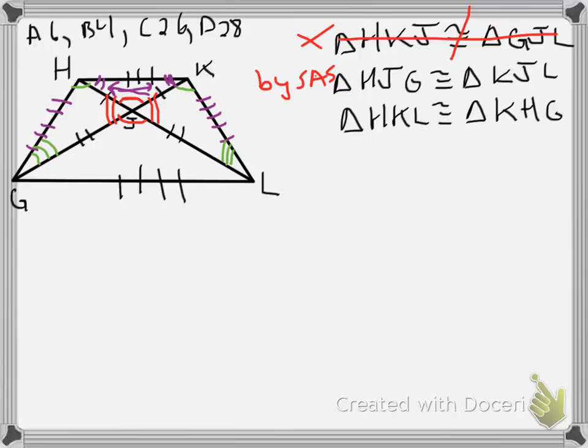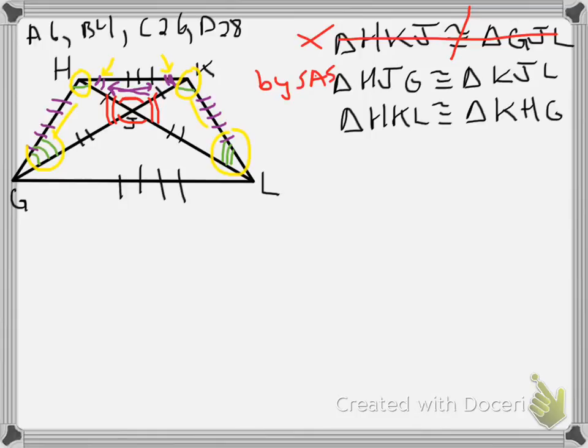Okay, so I matched up a couple things here. First of all, these sides were the same by CPCTC. This angle and this angle were the same by CPCTC. This green one up top and this one were the same by CPCTC. And then a little trick here, this double purple and this double purple were the same by the base angles theorem.